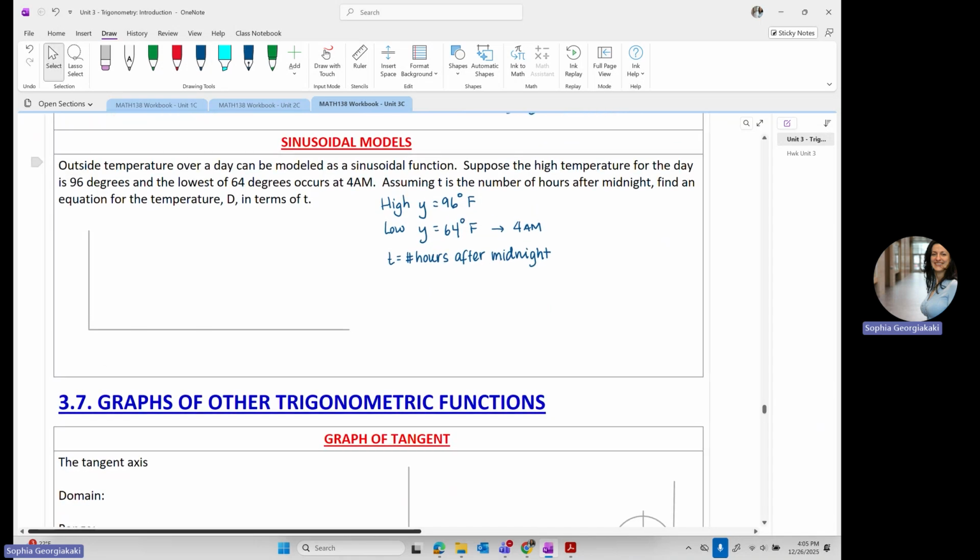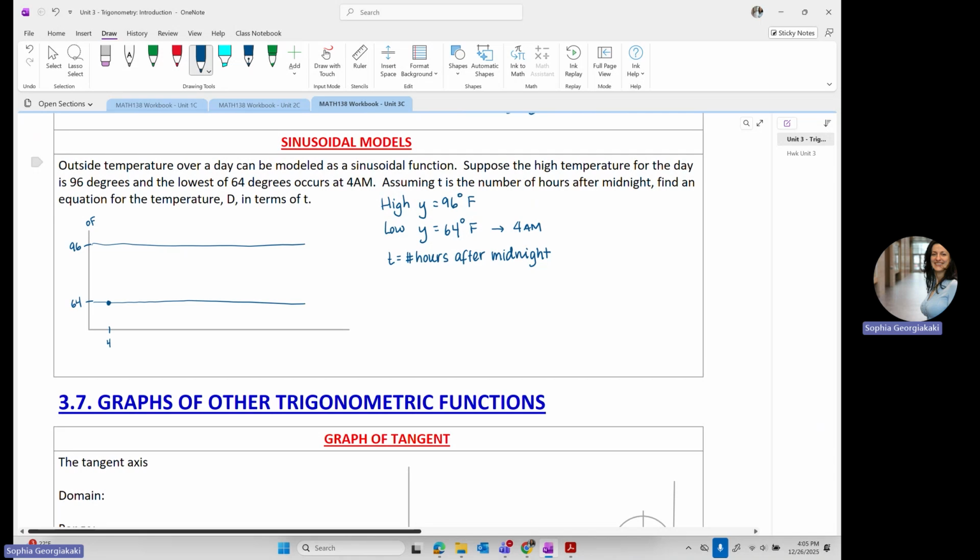So let's see if we can understand how it goes. We have a lowest of 64. We have a highest of 96. These are degrees Fahrenheit. The day is 24 hours. So I have 4 here. That's when the lowest occurs.